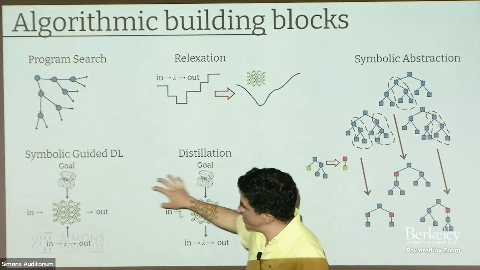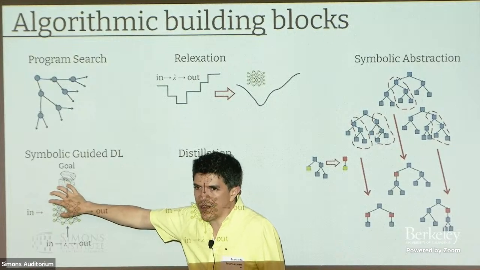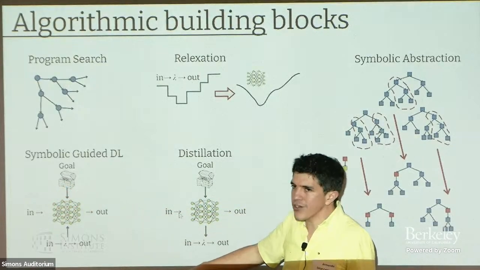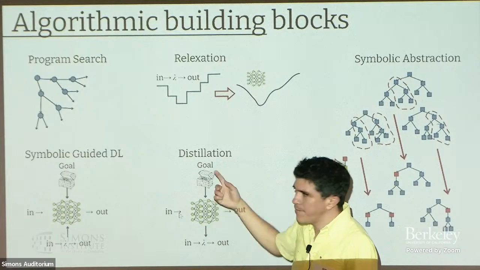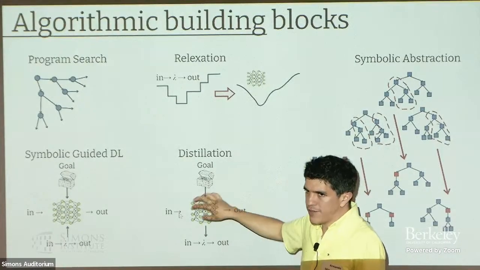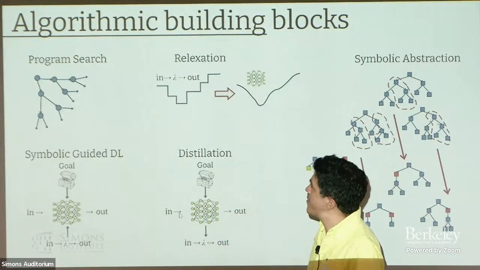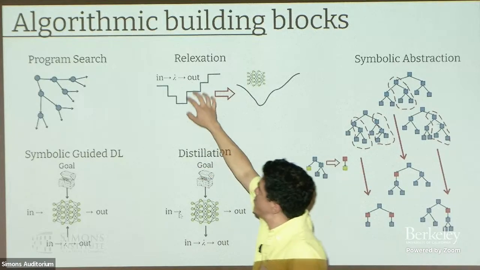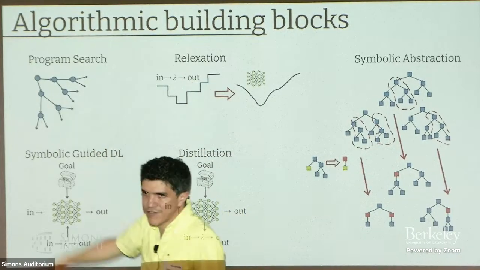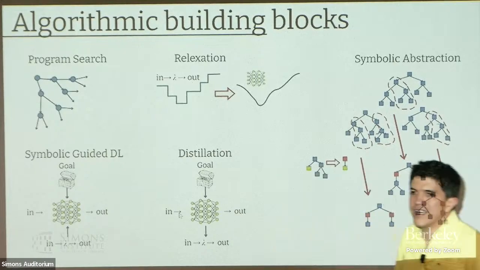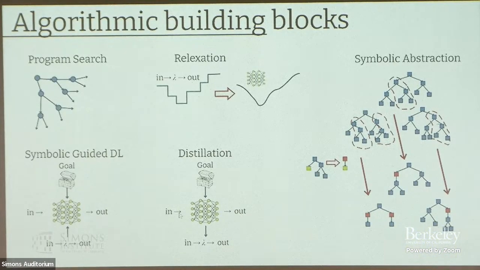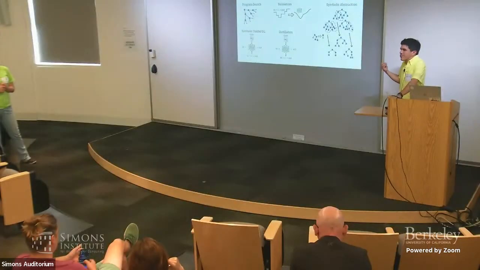When you're doing distillation, you're using symbolic-guided deep learning in this adaptive teaching loop to find a better network that gives you a better program, right? You can use relaxation in the context of program search. So it's this combination of these building blocks that gives you a lot of expressive power when trying to find the right algorithm for a job.